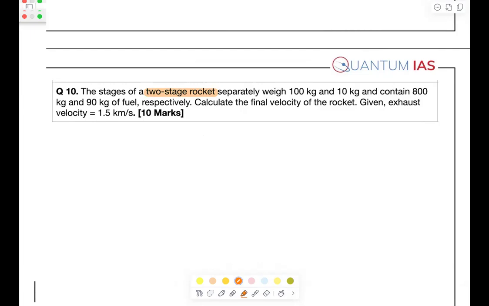Even if it's coming in the examination, you will be the one who is able to solve it, because it is not a very far-fetched concept. It is coming from the single stage only. The same thing you have to apply twice, right? And you have to find the final velocity of the rocket. Exhaust velocity is given and weights are given. Okay, first try to understand. So this is coming from the rocket motion.